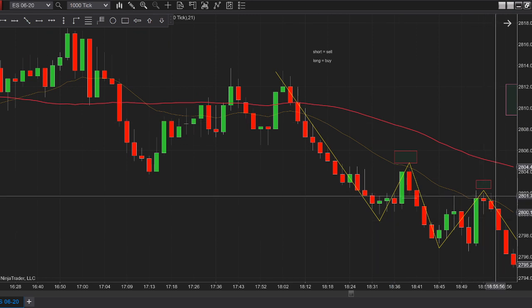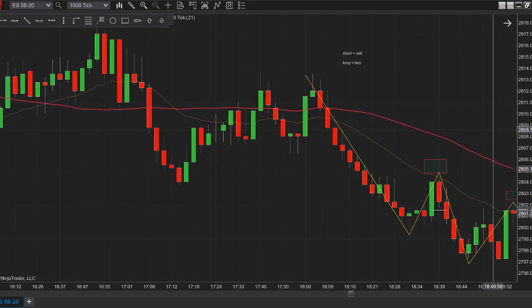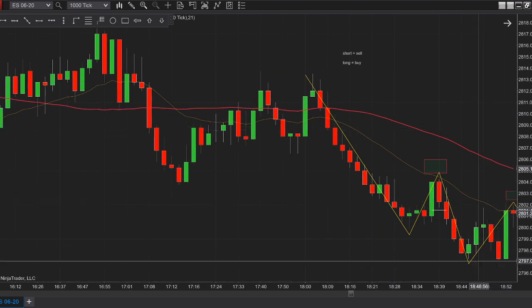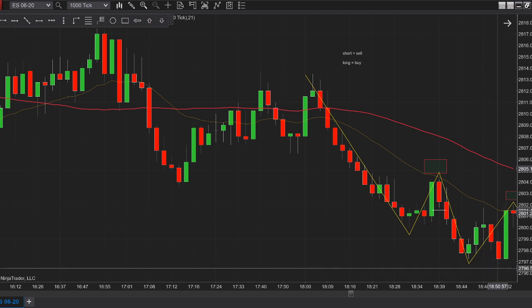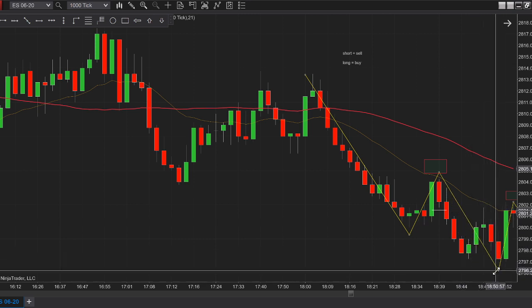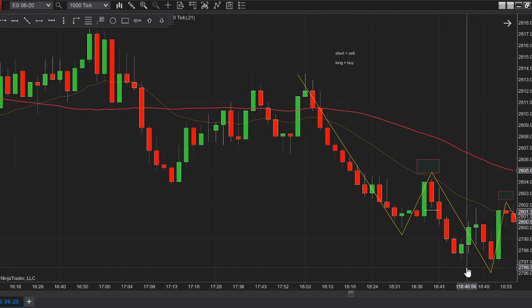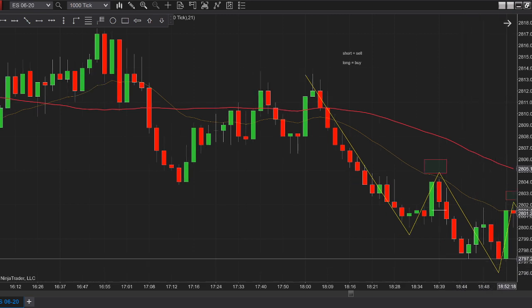On the next example, if I didn't see what happened after, when I see the retrace, this is an impulse move to the downside. Then I have the candle that goes upward, and it's starting to retrace. I put my sell stop below this candle, but it doesn't trigger because no candle is going below this one.